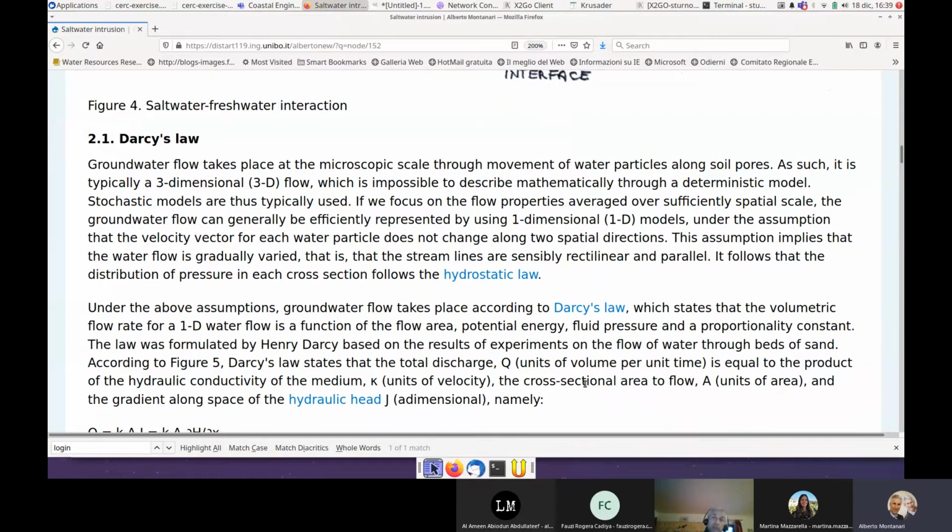We will make some simplifications in order to get an idea of how the process is evolving, and the simplification will lead us to not use Darcy's law. But in any case, I want to briefly discuss it with you because it's a fundamental law for describing groundwater flow. It's the law that you should use through a model if you really want to describe in detail what's happening at the interface between fresh water and salt water.